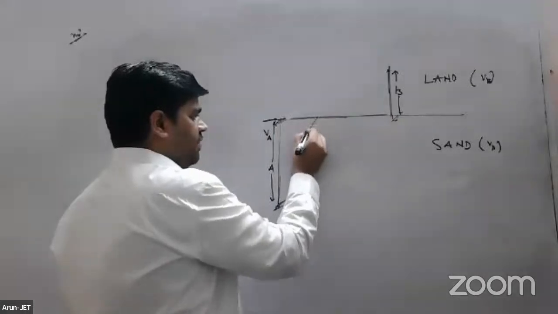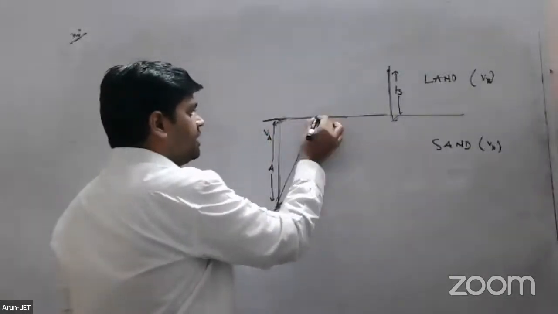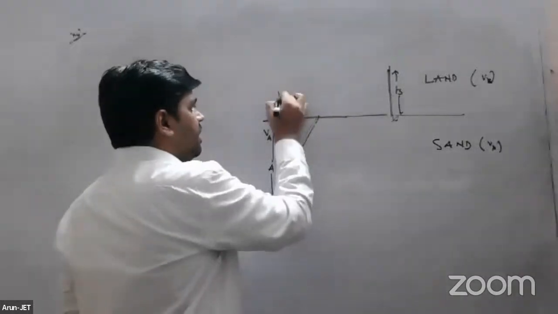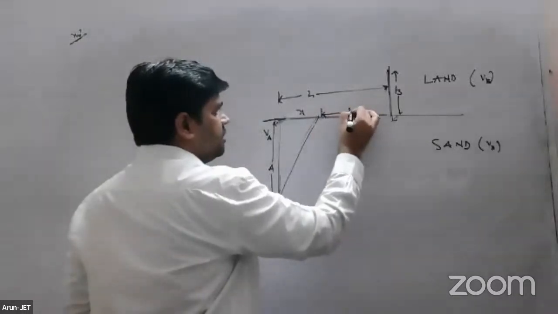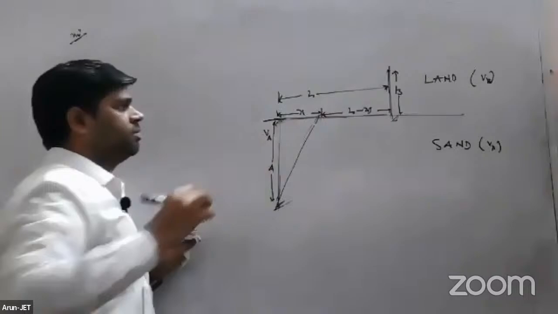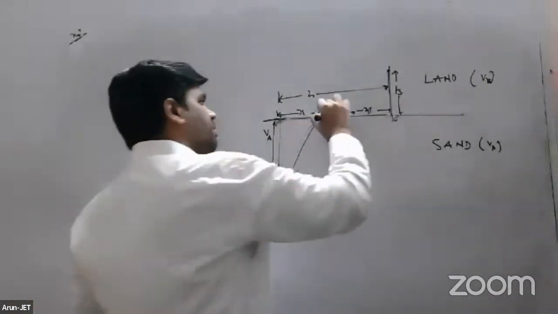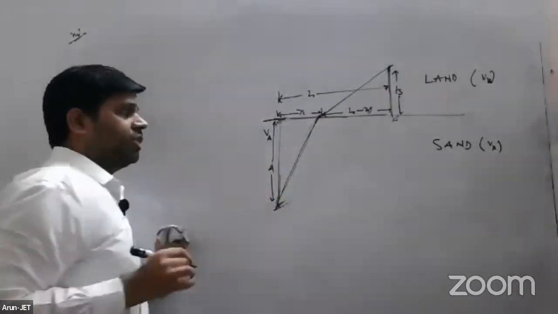That means, let's say he strikes somewhere here at a distance x from this one. And if this is L0, this would be L0 minus x. So time is minimum, I said, not the length.